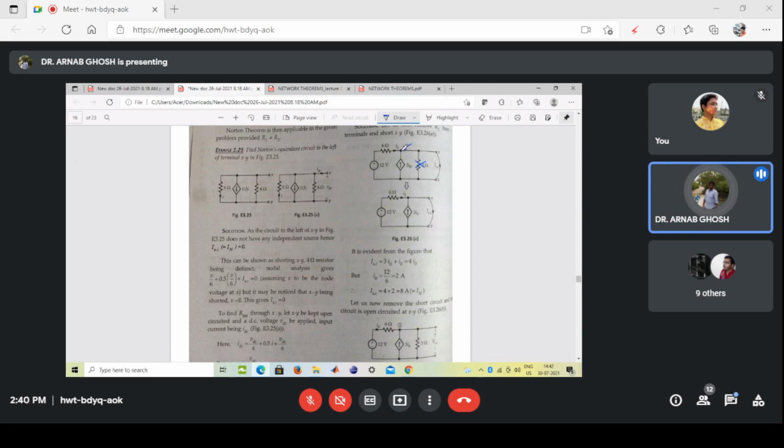In this node, I0 and 3I0, these two are entering and ISC is leaving the junction. So your ISC will be 3I0 plus I0, that is equal to 4I0.